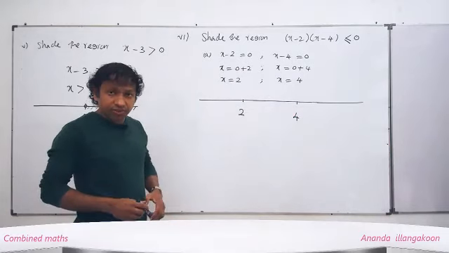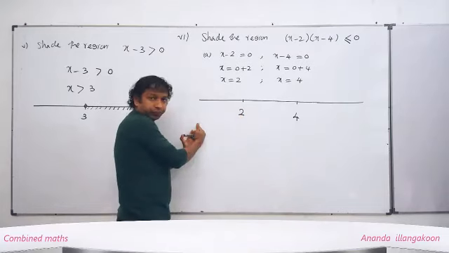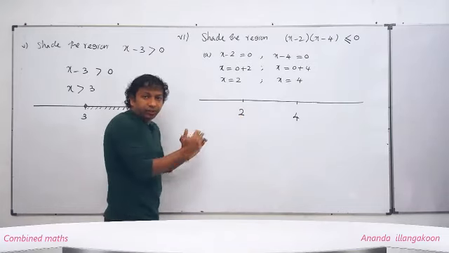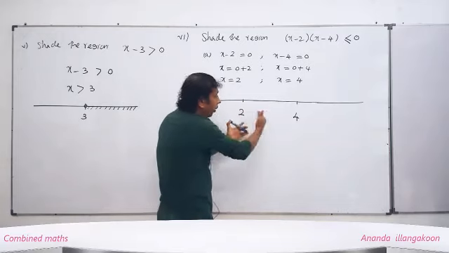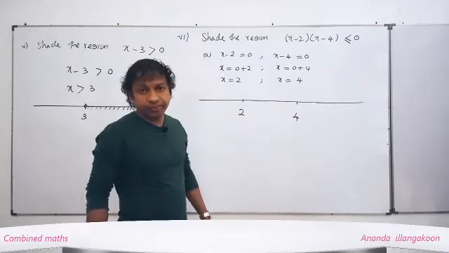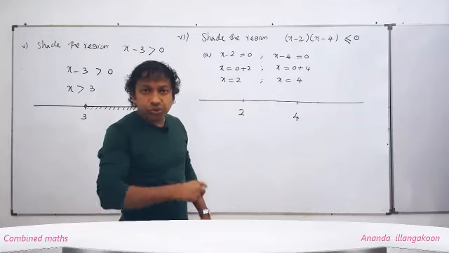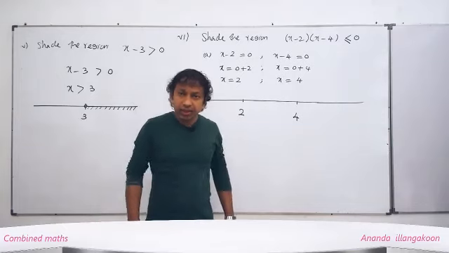What are these 3 parts, people? The region less than 2, the region between 2 and 4, and the region more than 4. There are 3 regions now available on the number line due to the marking of 2 and 4. Right, people?